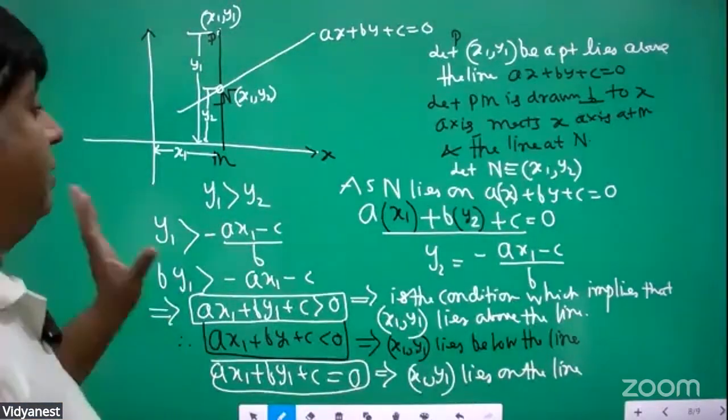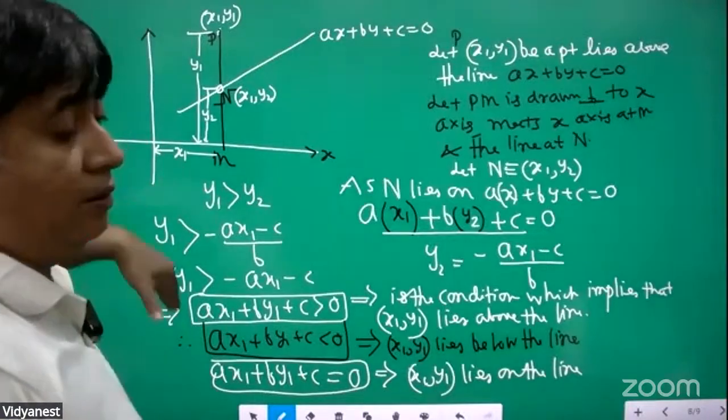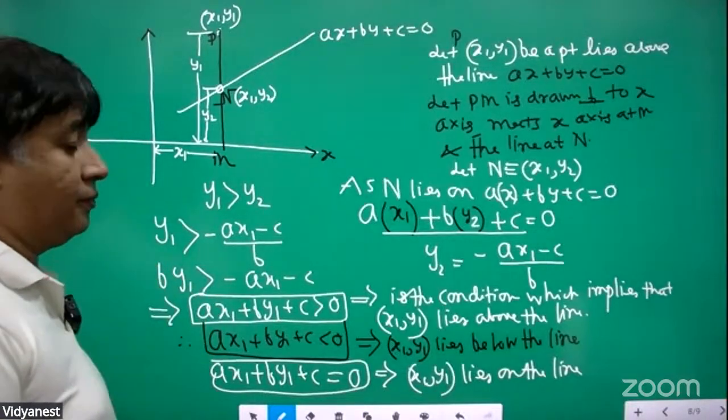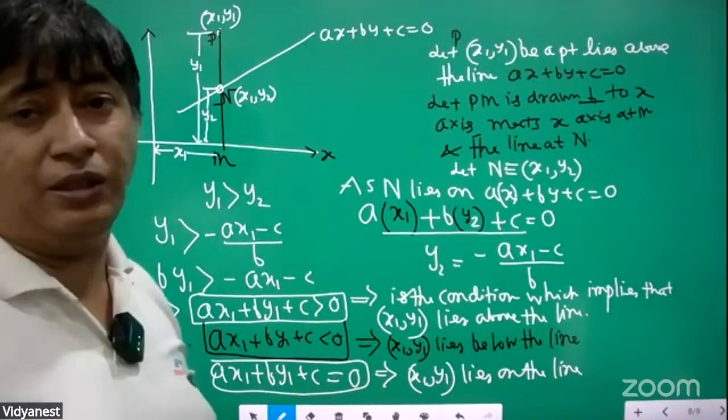These are three conditions: above the line, below the line, on the line. Okay? Is it that much of tough? No, I think.